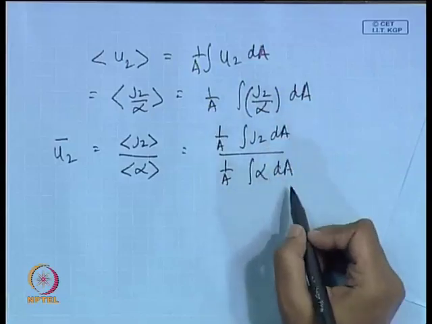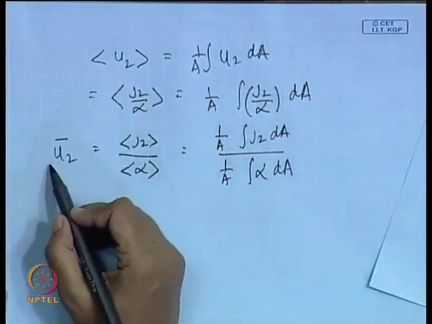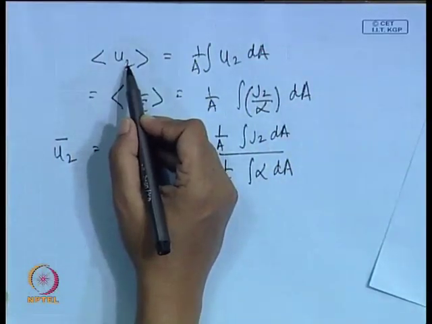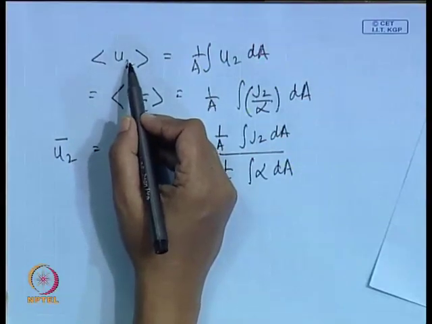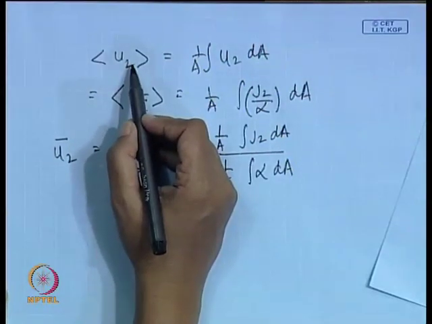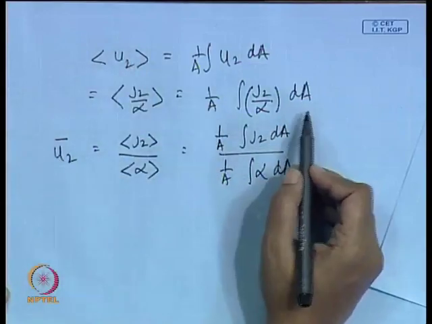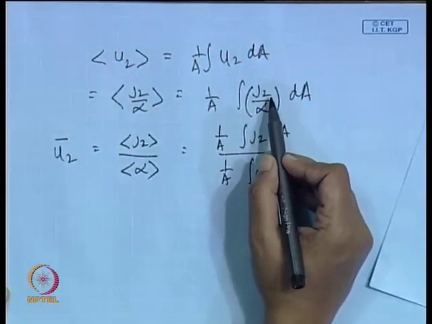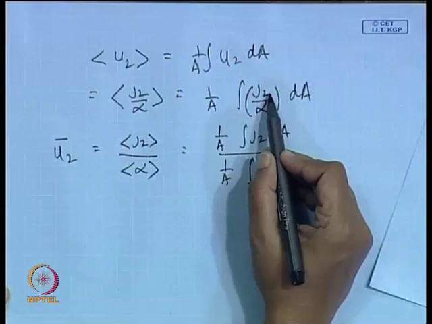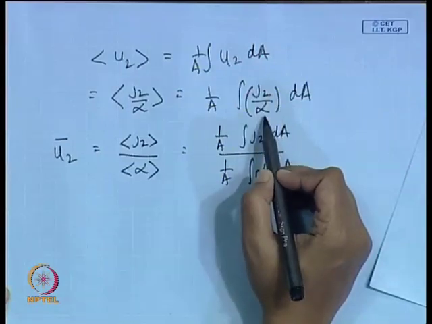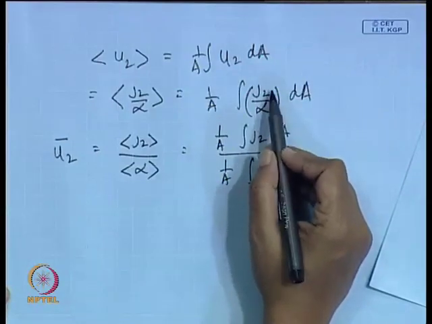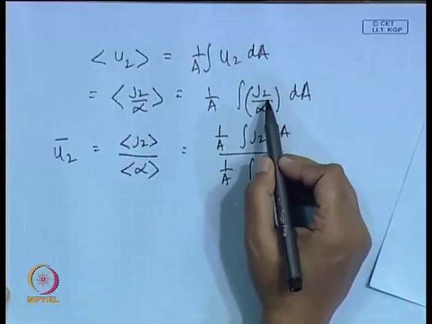Now, by comparing these two expressions, is it clear why this is not equal to this? This is the cross sectional average velocity of component 2, this is the weighted mean velocity of component 2. So, they are grossly different. For the first, you have to measure the local or the in situ J2 at every point, the local or the in situ alpha at every point, divide the two, find the quotient, then integrate that quotient.